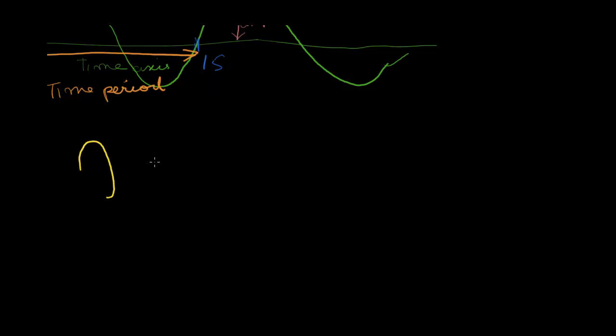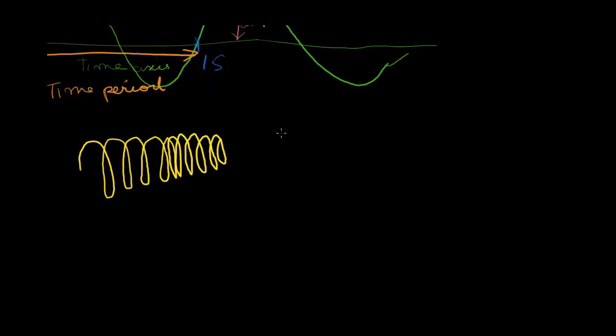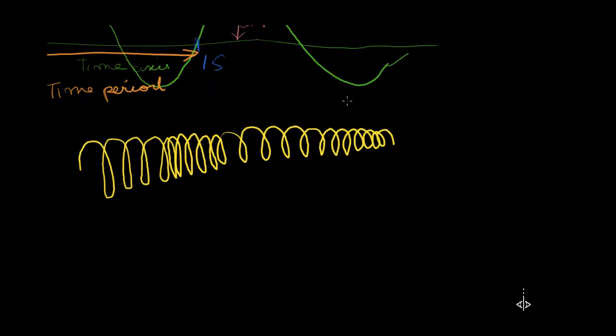So we have rarefaction, we have compression, we have rarefaction, we have compression. And then again we have rarefaction. So how can we find the wavelength for this longitudinal wave?